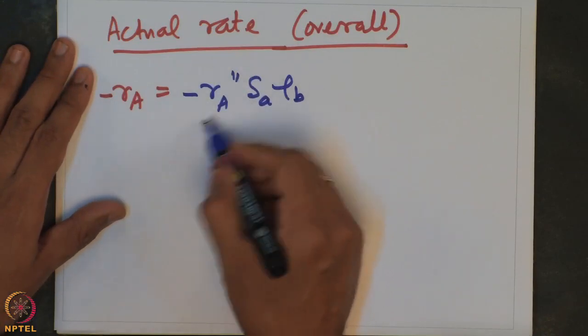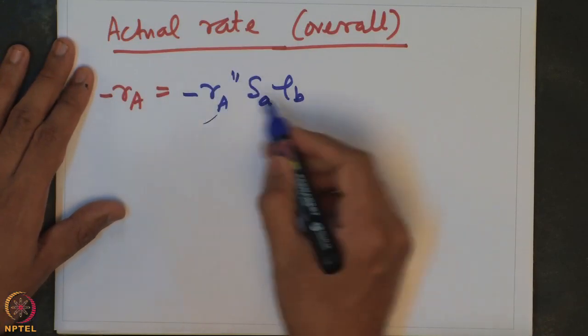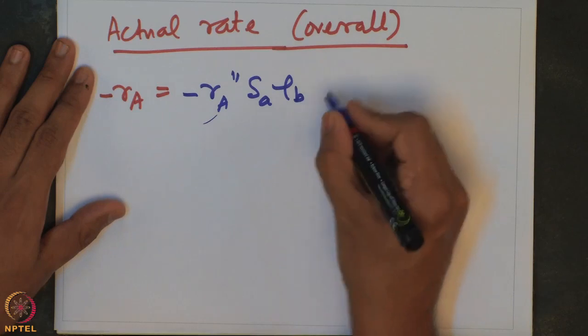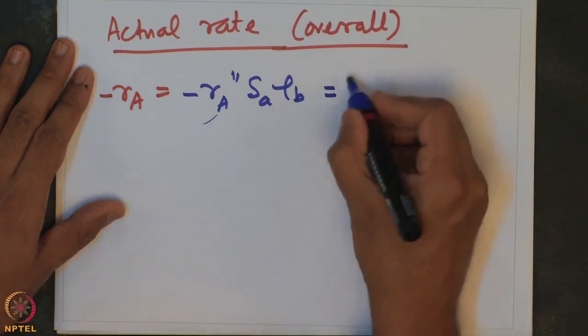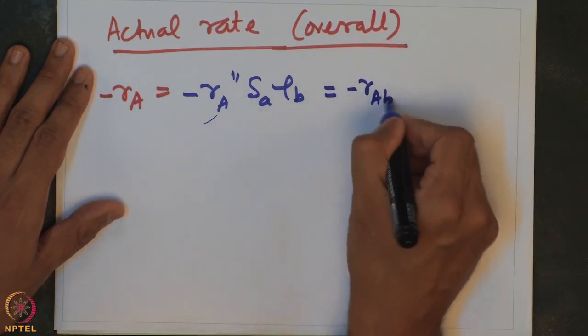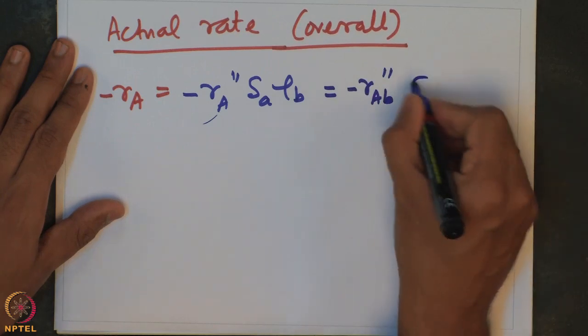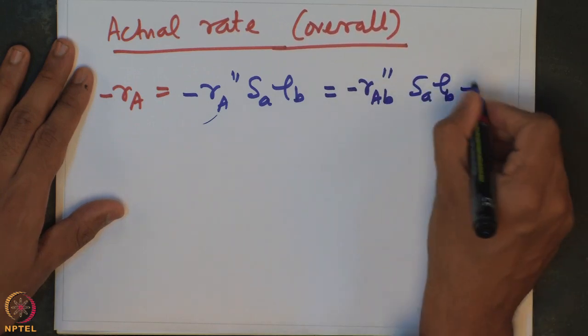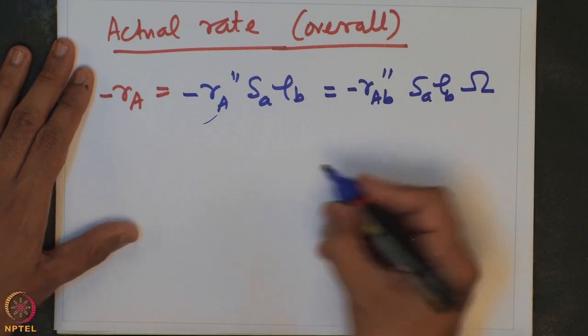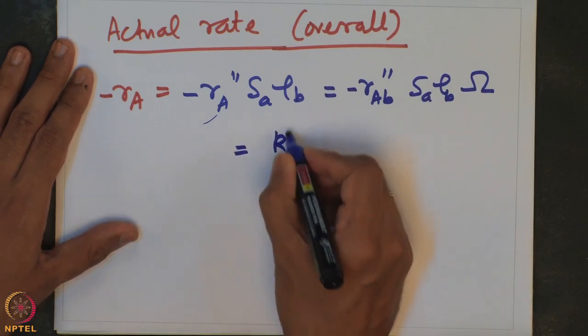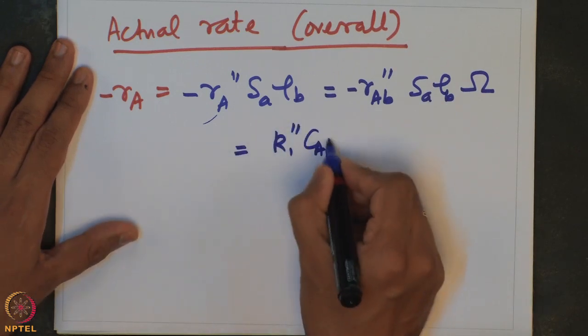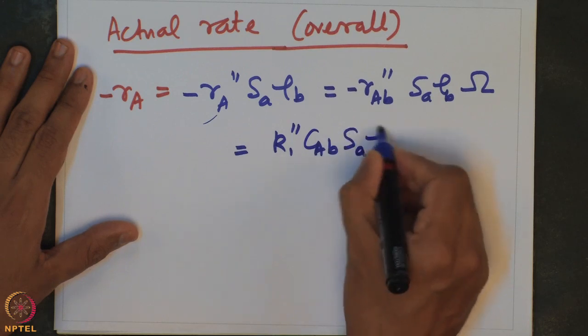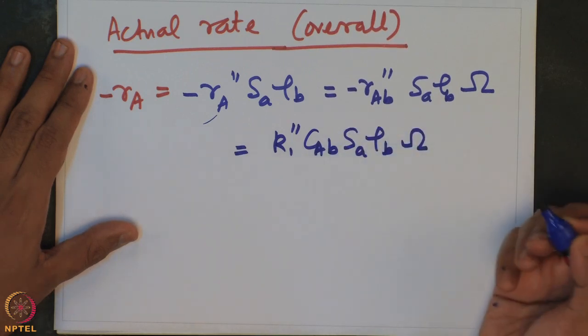Therefore, the actual rate can be related to the rate per unit area multiplied by Sa into rho b, which is equal to minus Rab double prime into Sa into rho b into the overall effectiveness factor, and that is equal to K1 double prime Cab Sa rho b into omega.